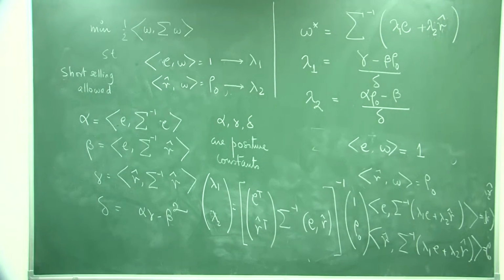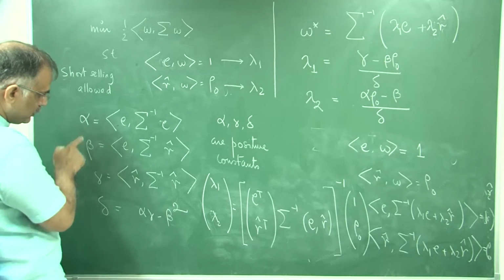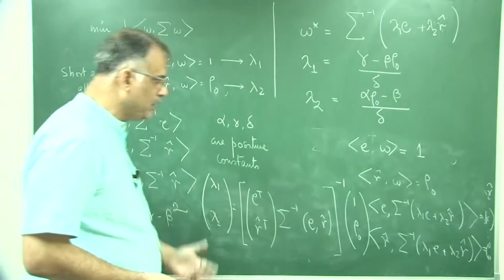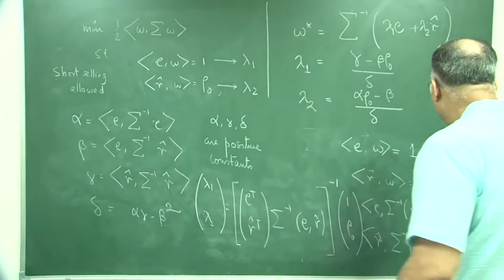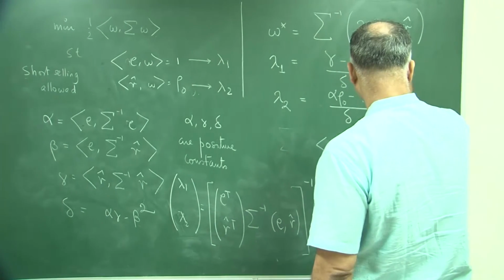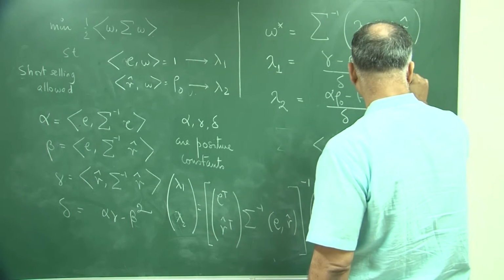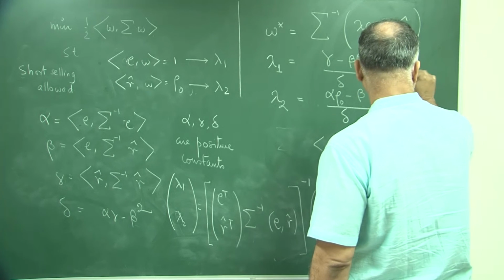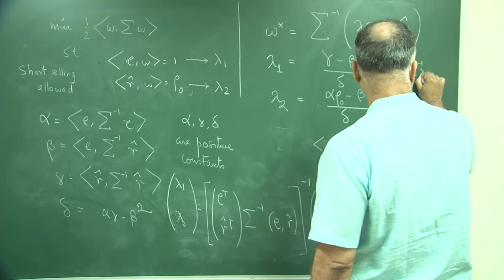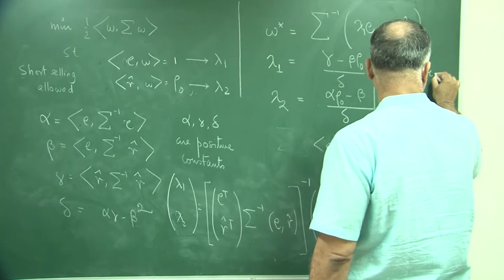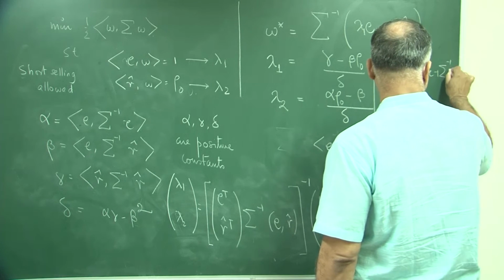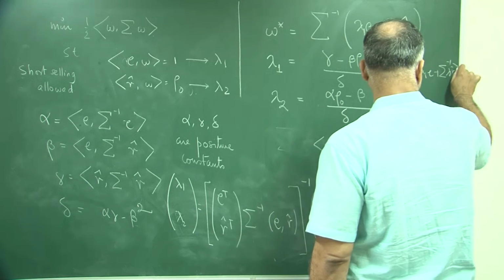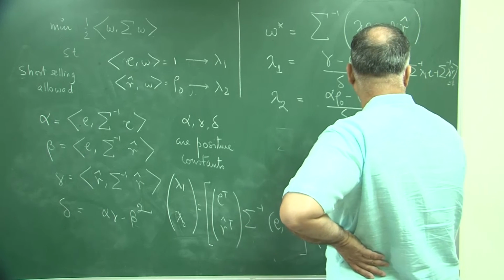Once you can write this, then you can use these formulations. Let me take this. What will come here? E sigma inverse lambda 1 E plus sigma inverse lambda 2 r hat equal to 1. So what am I getting?